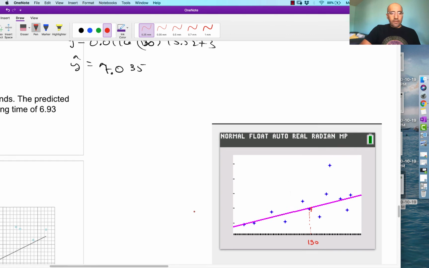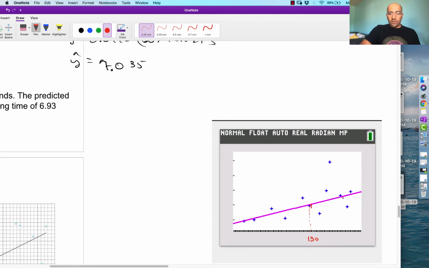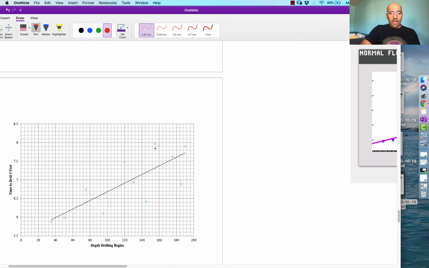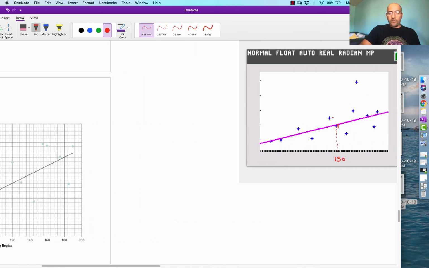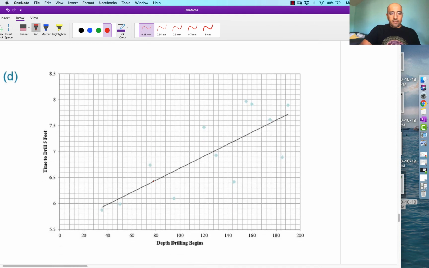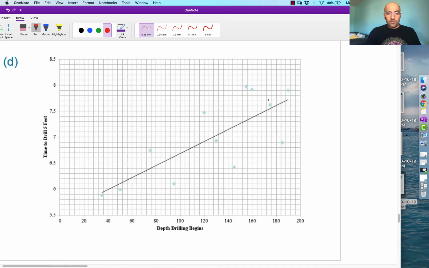Okay, your author did a better job than this. So this is approximately the same as this graph, right? This is what your calculator looks like, but it looks a little better over here because this graph does a better job of creating a little bit of space between the two. So here is 130. 130 extends right there.